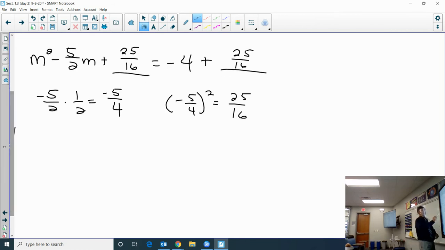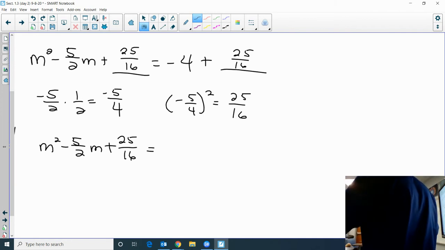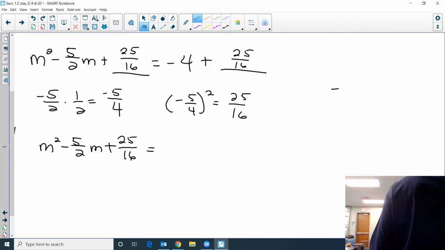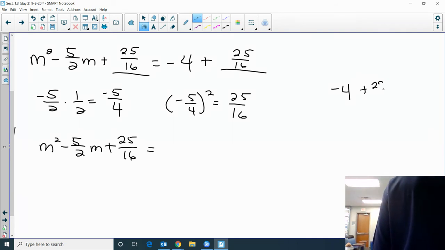Now I'm going to take my time here. So that's m squared minus 5/2 m plus 25 over 16 equals, all right, what is negative 4 plus 25 over 16? You can type it in your calculator, that's fine, but keep it as a fraction. I like to practice. So make that a common denominator, 16.